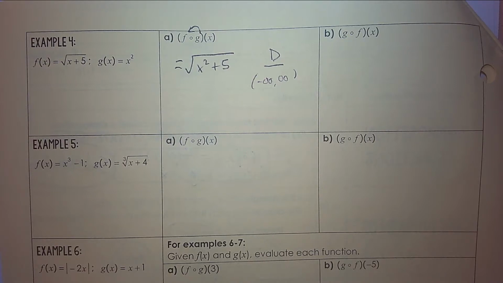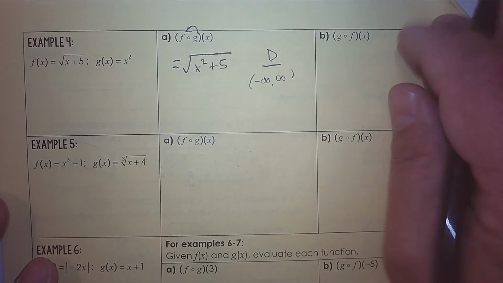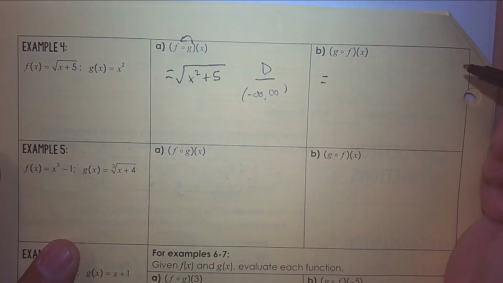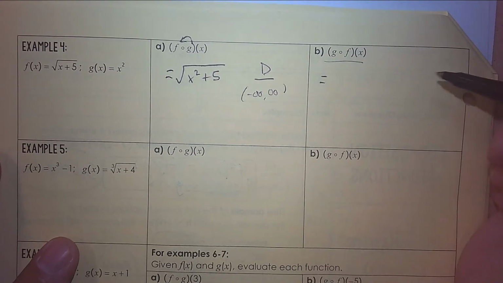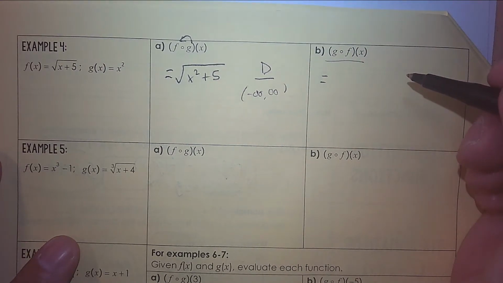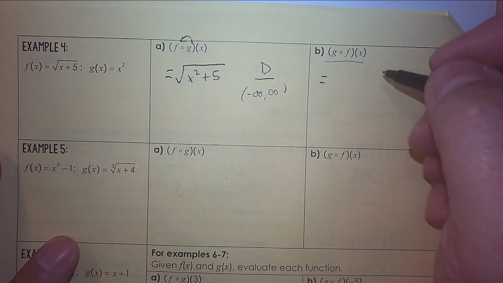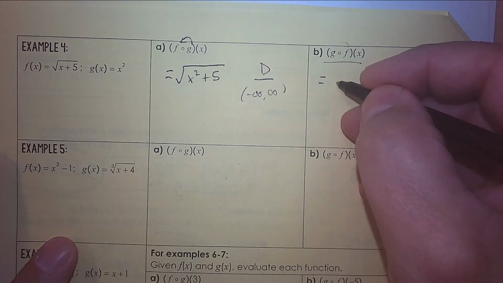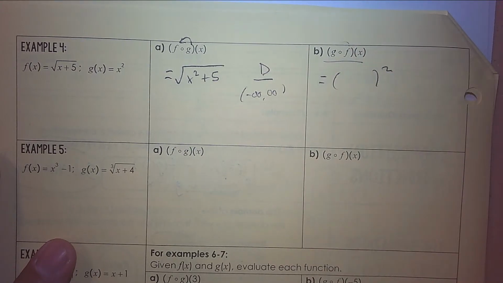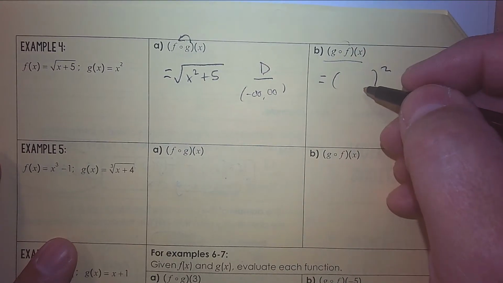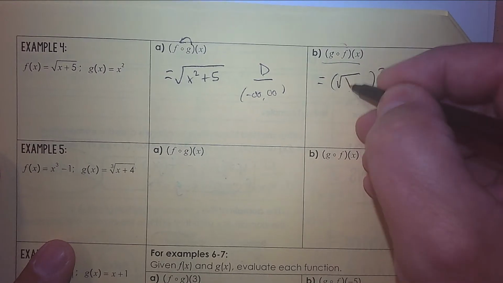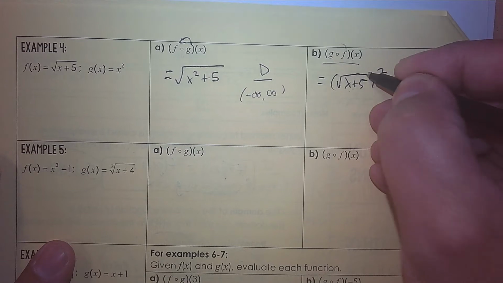Yes? Thank you, Richard. Part B, let's do this. Evelyn, how do I do it? You write x. No, how do you read it, first of all? G composed by f and x. Okay, so it's a substitution question. F into G, right? So G is x squared. So instead of x squared, I take out the x and put in the square root of x plus 5, right?